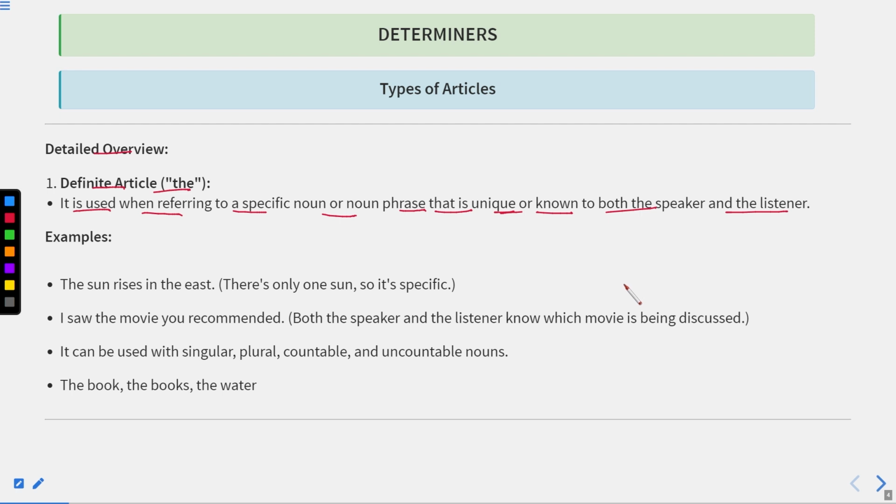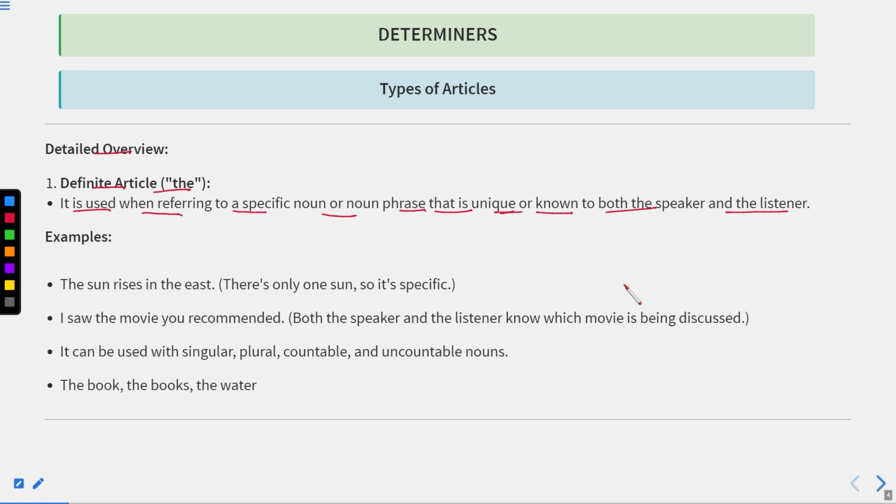Now, there are two people. One is the speaker and the other one is the listener of that particular speech which is going on. Suppose a speaker is saying something which the listener is listening to, and both the people are aware of the same thing which is being discussed.